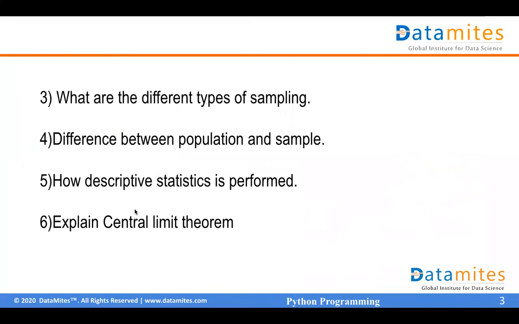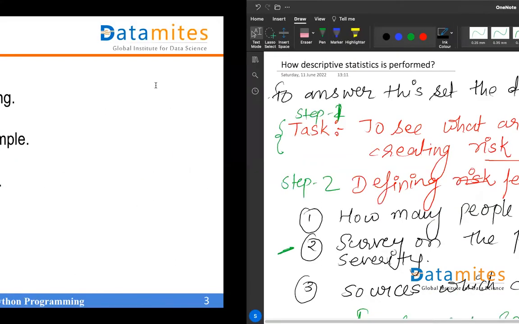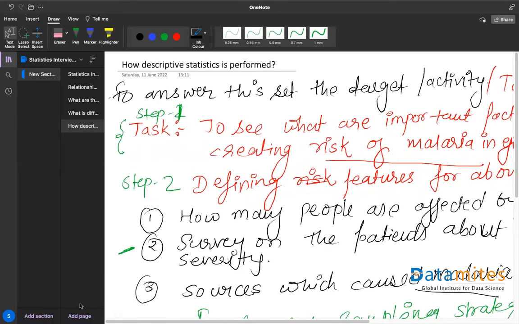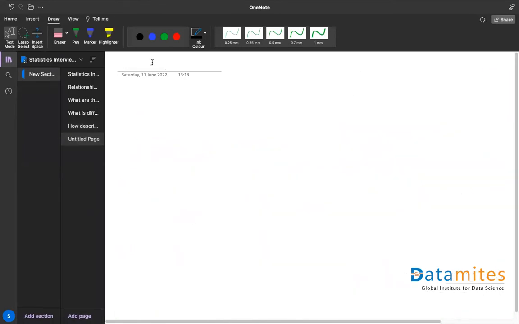Explain central limit theorem. Now, please tell me what is central limit theorem.